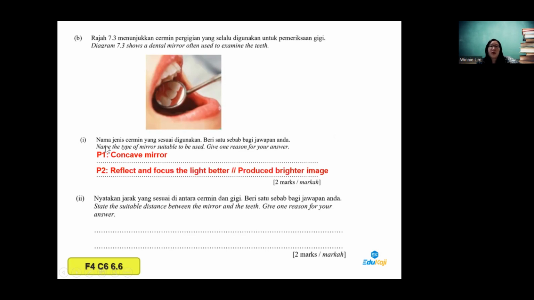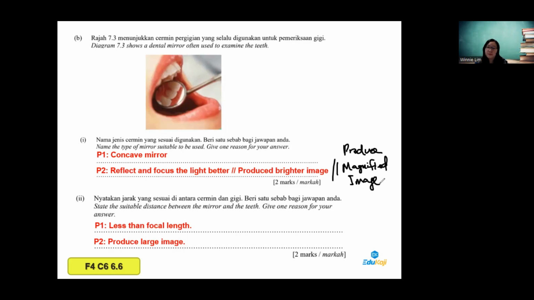So this one is a concave mirror, and it can also focus light, because a convex mirror diverges light while this one focuses light. Then less than focal length. But for this one, you can still say produce magnified image.